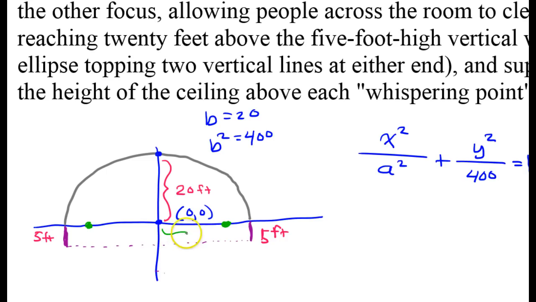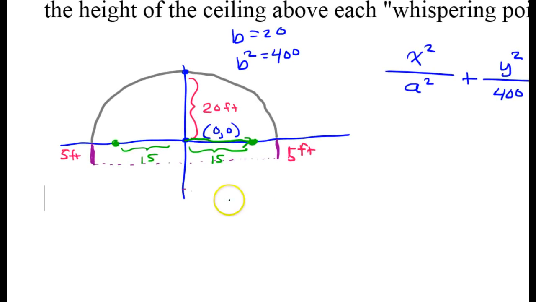That means that this distance right here is 15, and this distance right here is 15, because they're a total of 30 feet apart. However, the distance from the center to a focus is the c value. So now we know that the c value is 15, which means that c squared is 225.